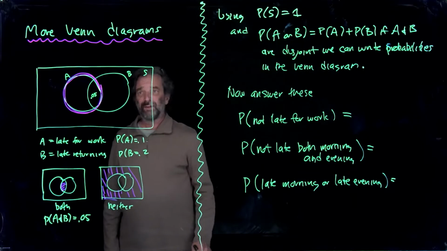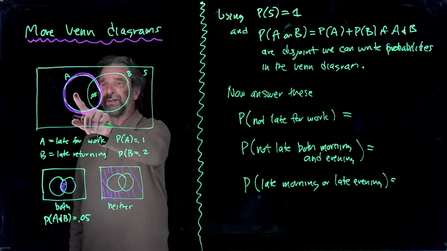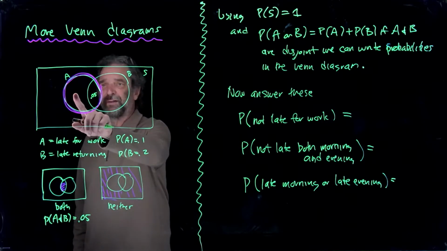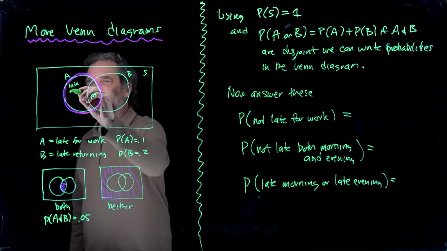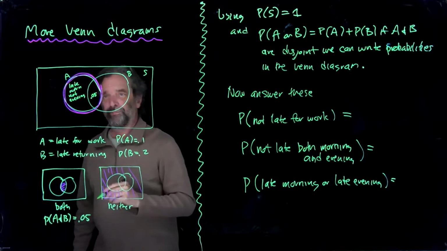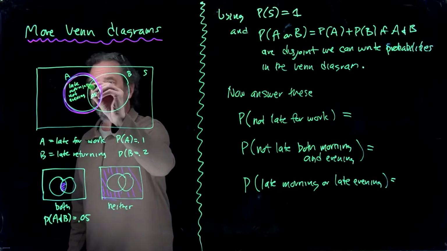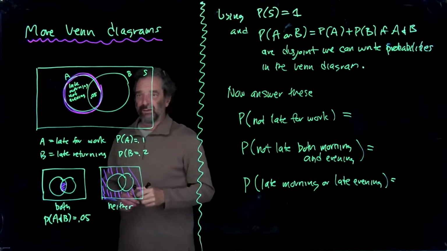And now we've got this remaining piece here. This is A, but not B. Late for work, but not late going home. So that's late in the morning, but not in the evening. I don't know what that is.